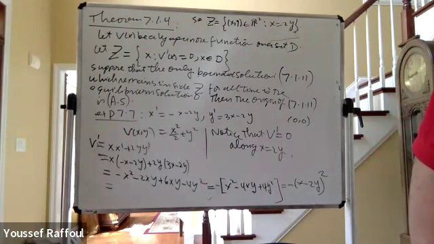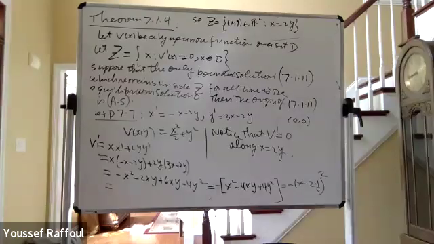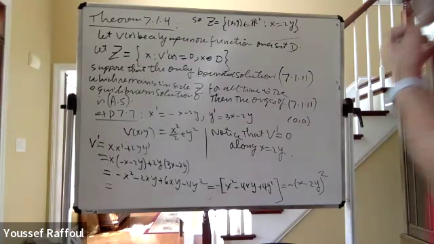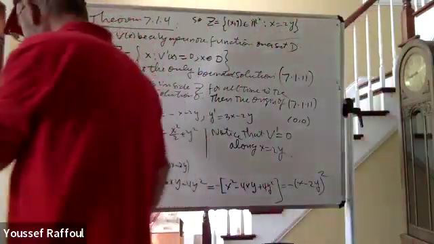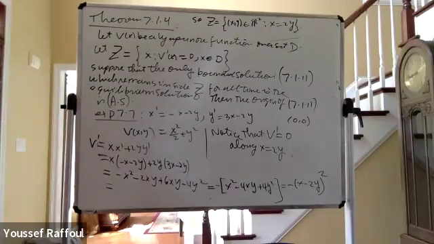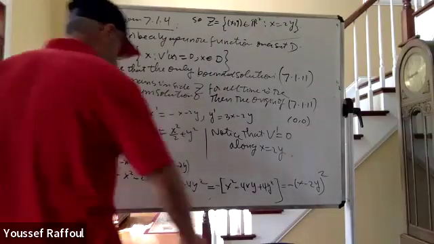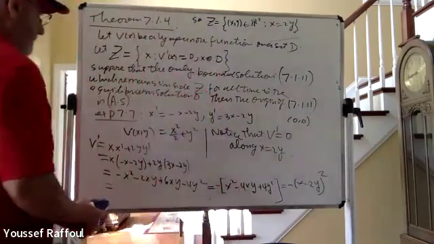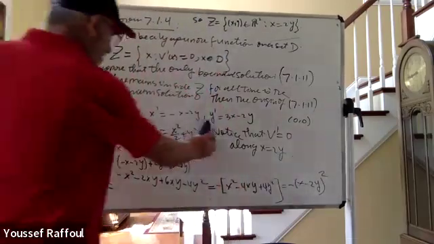Suppose that the only bounded solution which remains inside Z for all time is the equilibrium solution. How's that? Any question here?